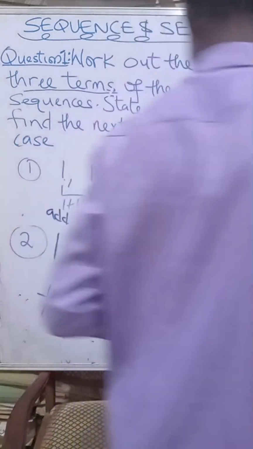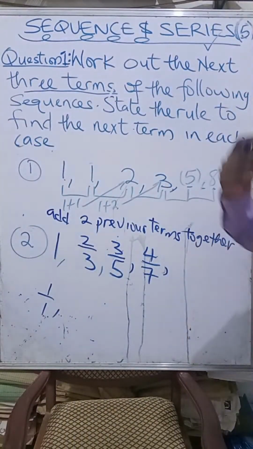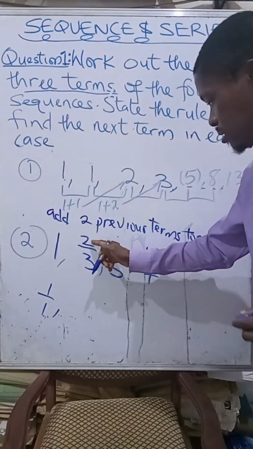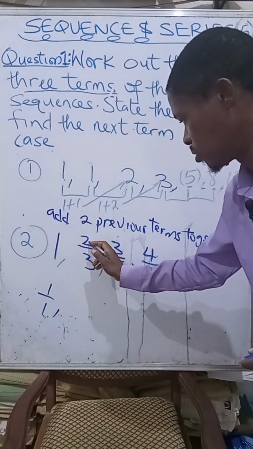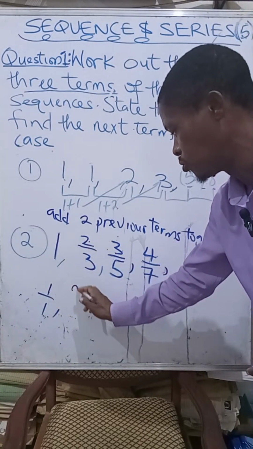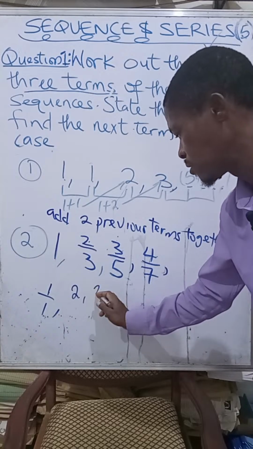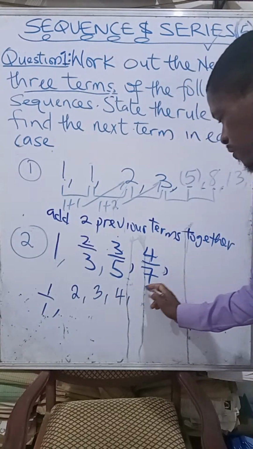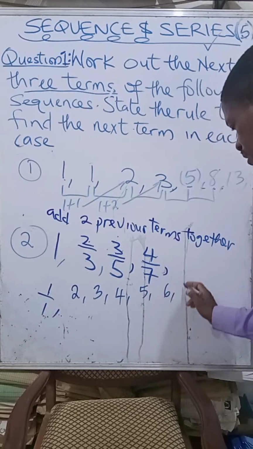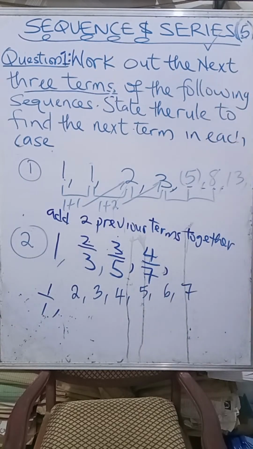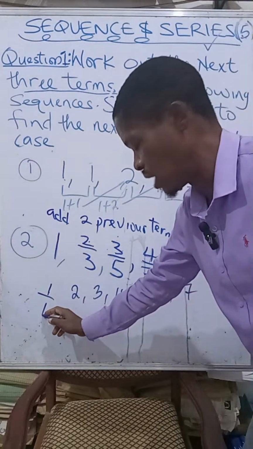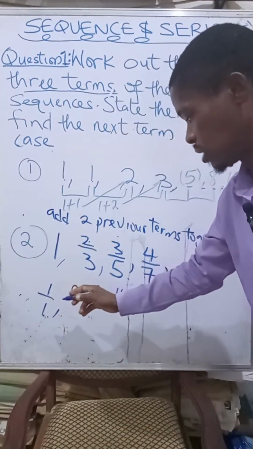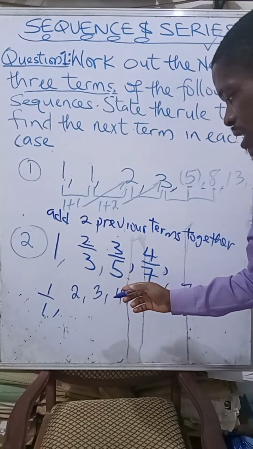You realize that the numerator is increasing by 1, from 1 to 2 to 3 to 4. So that means the next ones will be 5, 6, 7. Let's check the denominator. You have 1 at the bottom. So it's increasing by what? By 2.